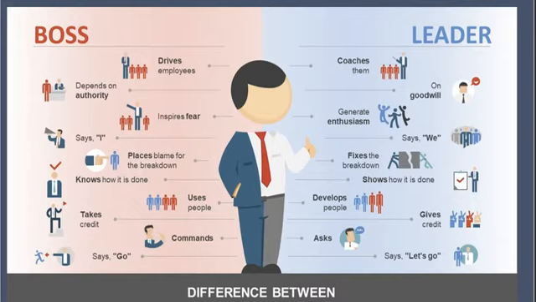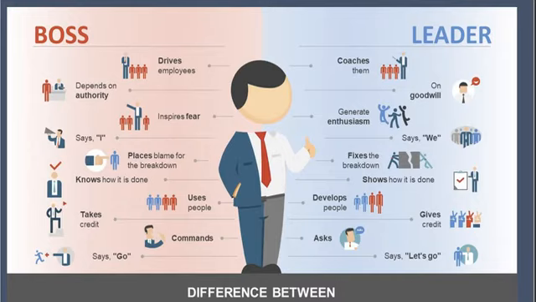right? To be a leader, instead of just driving employees, we normally coach them, give them direction, let them know what your expectations are. We normally generate enthusiasm, inspire them, encourage them. Instead of saying "I want you to do this," a good leader should say "we need to do this together."